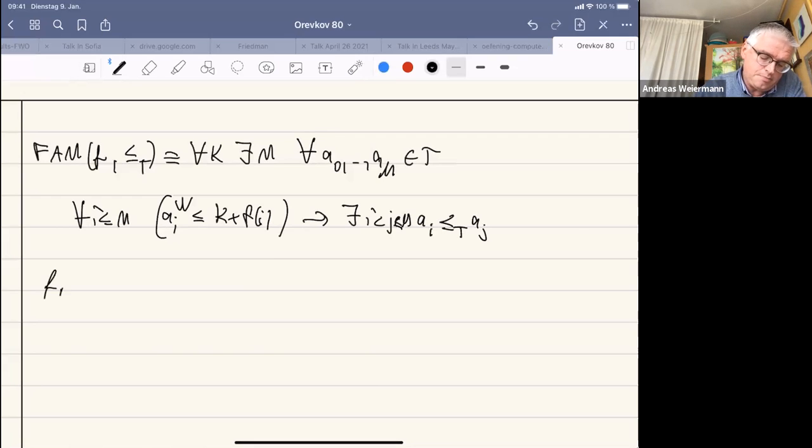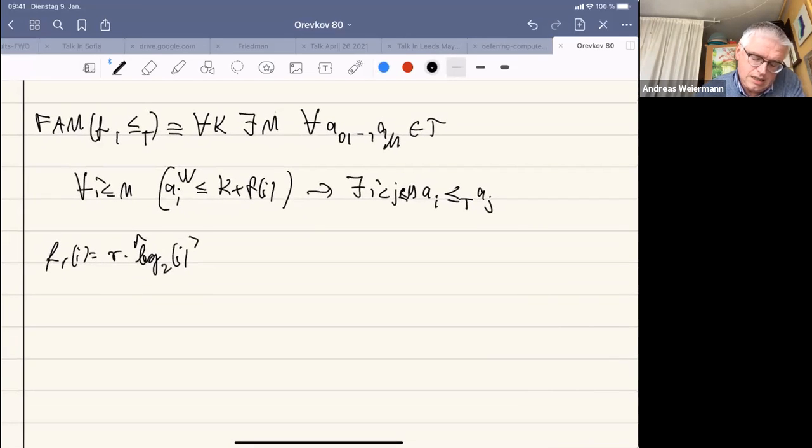Let f_r of i be r times binary log of i, maybe rounded to the next integer, it doesn't matter that much. And then you can ask for which numbers r the principle is true.